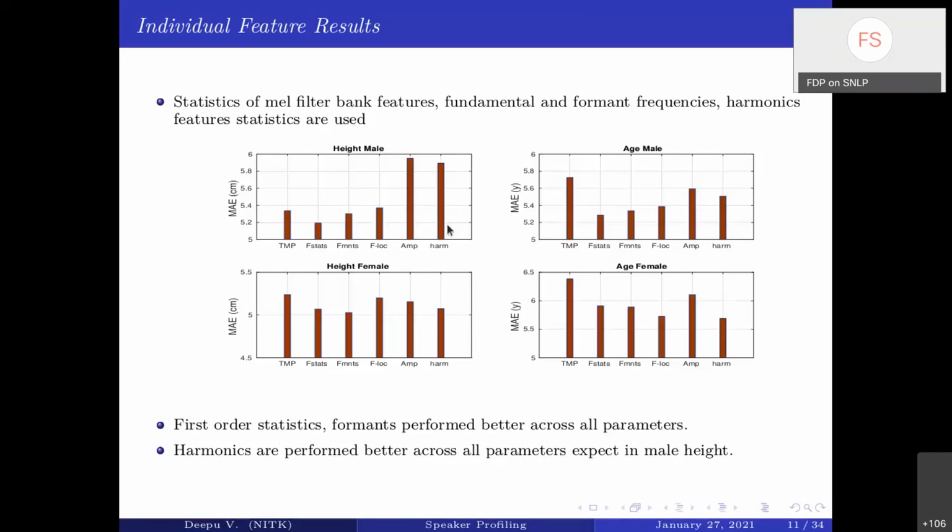Harmonics was not getting better, especially in case of male height prediction. This was a very challenging place where we found that this was failing. Otherwise, in every other case, these features, whatever we have tried, have worked and given a number which is less than the default prediction.